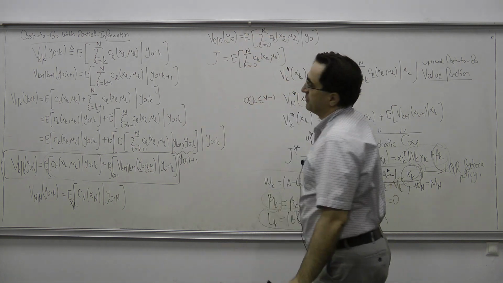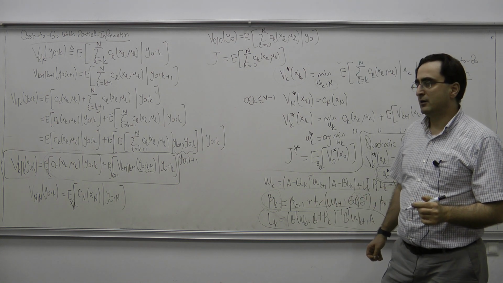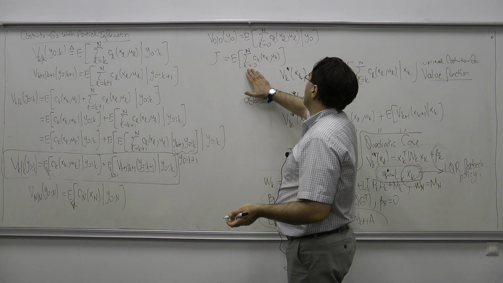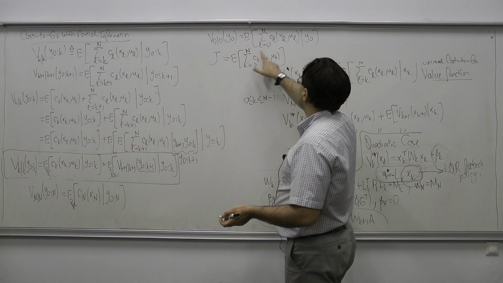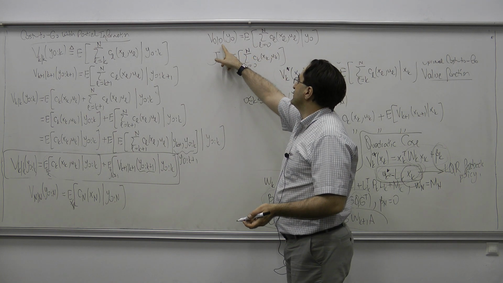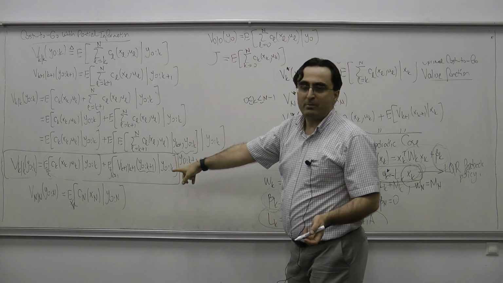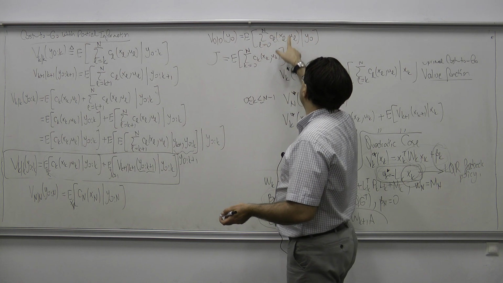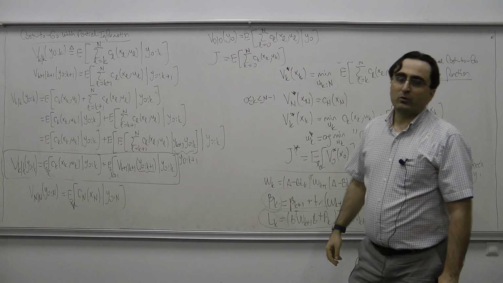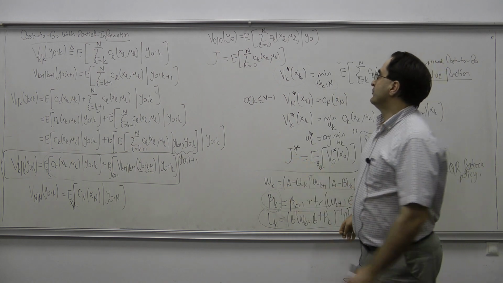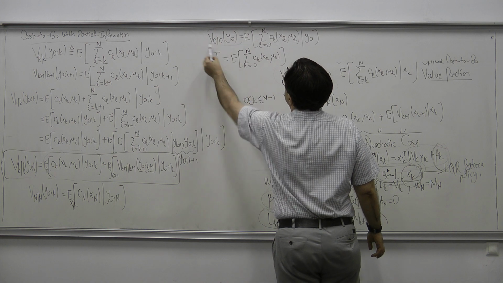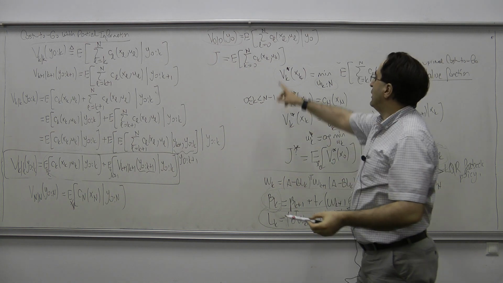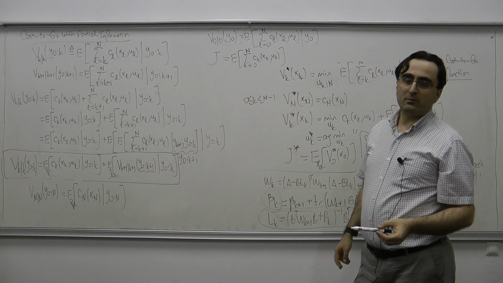Here the summation variable really does not matter, but we see that this cost is going to be the unconditional expectation of this thing, whereas V0 given 0 that I find at the end of that backward recursion is the conditional expectation of the same thing given y0. So then it is clear what we should do. If I take the expectation of this V0 given 0 once more with respect to y0, I am going to end up with my cost.